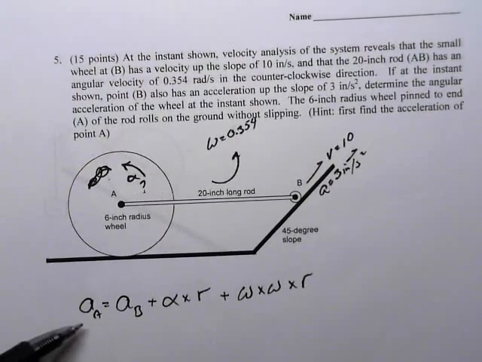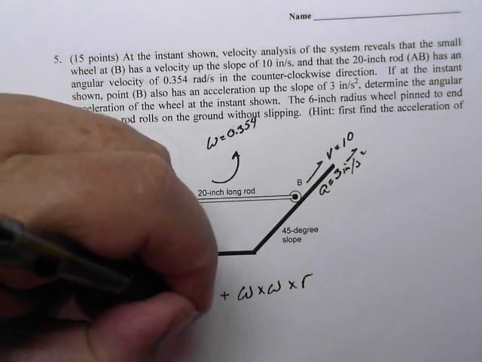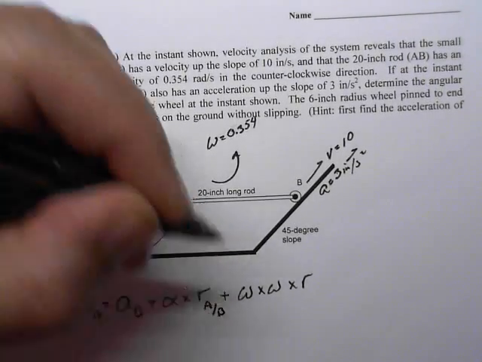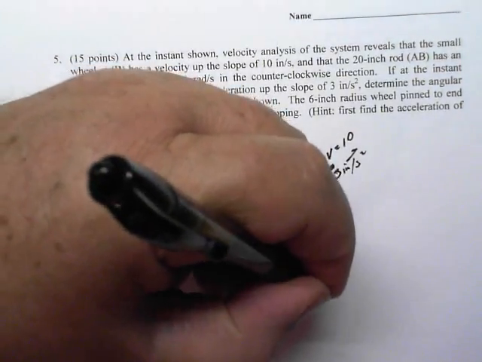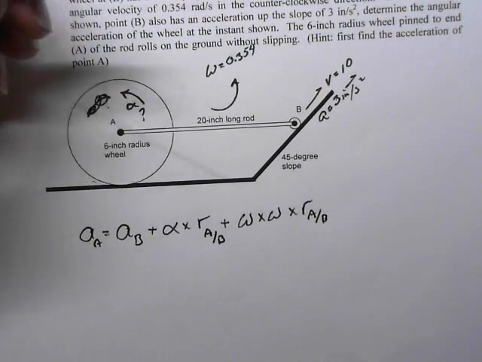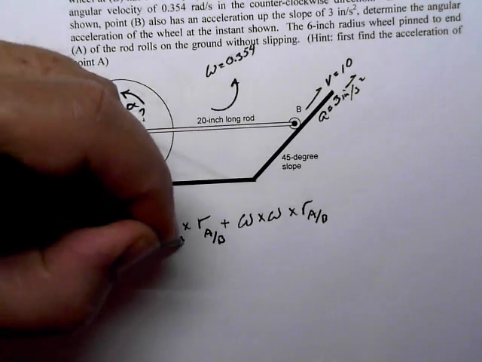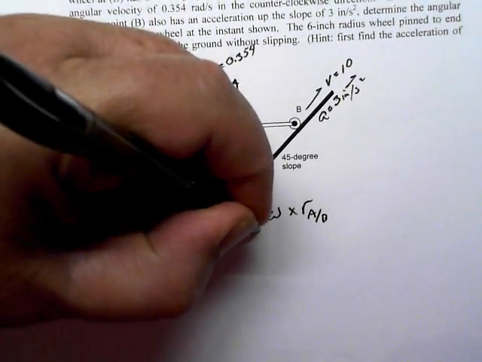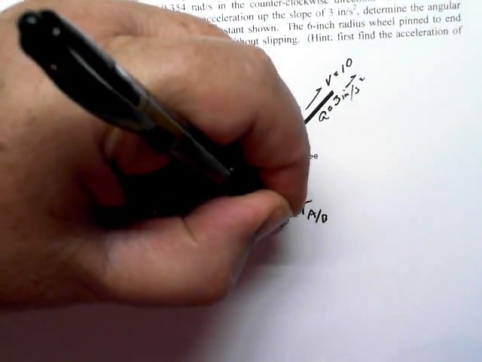We're talking about body AB, and this would be R of A with respect to B. Same here, A with respect to B. And so this will be an alpha AB, an omega AB, an omega AB.